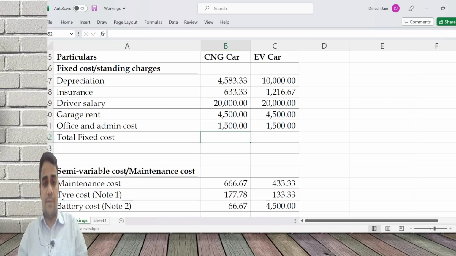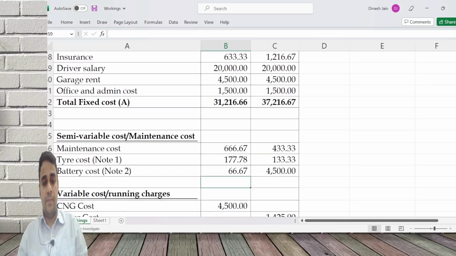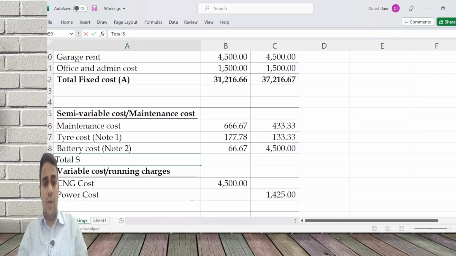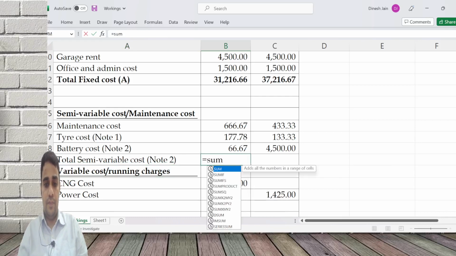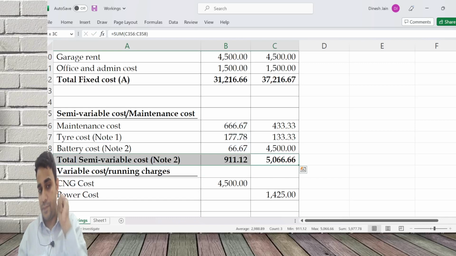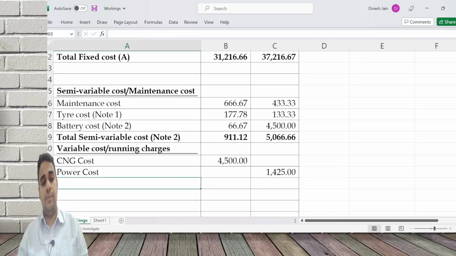Total fixed cost per month. Total semi-variable cost.